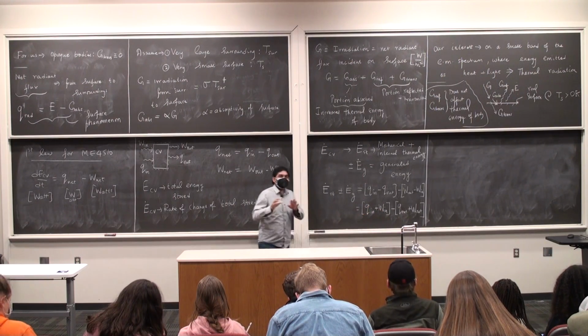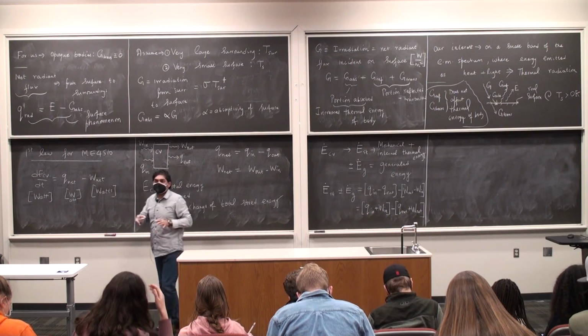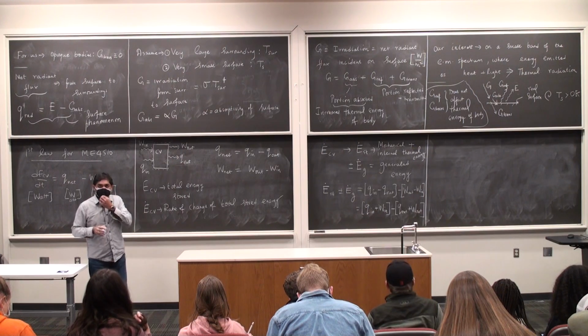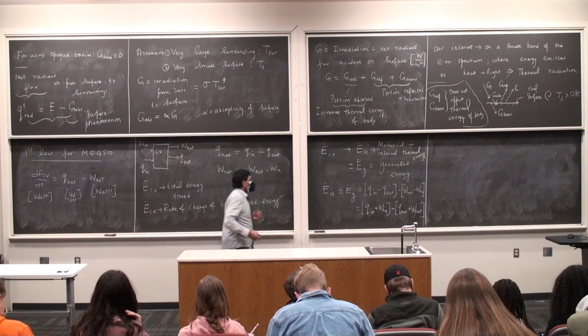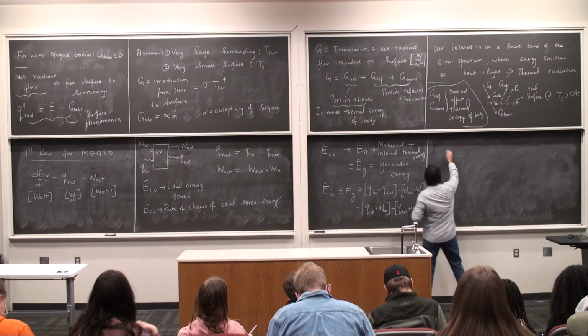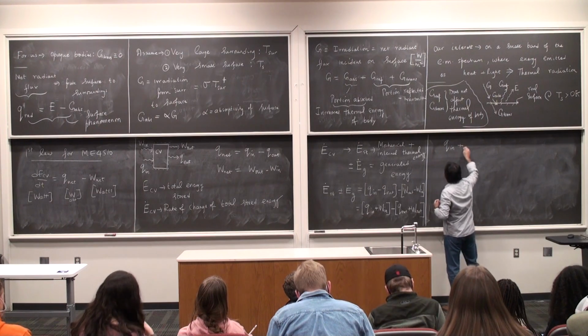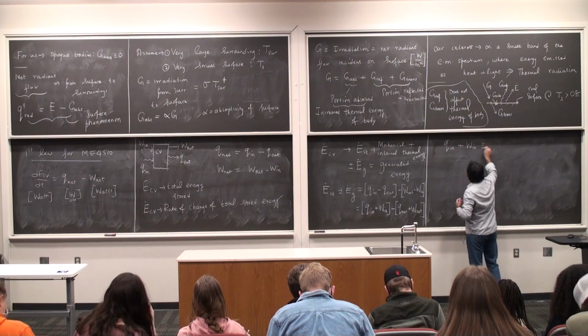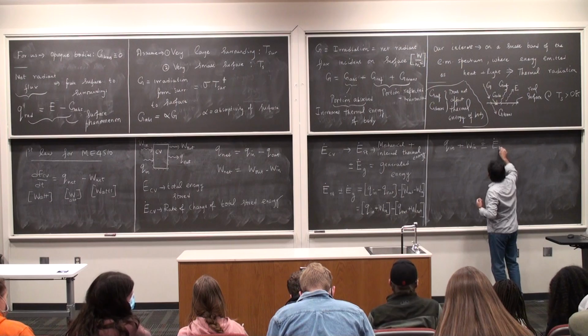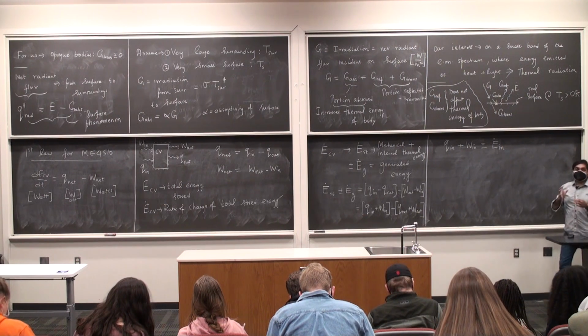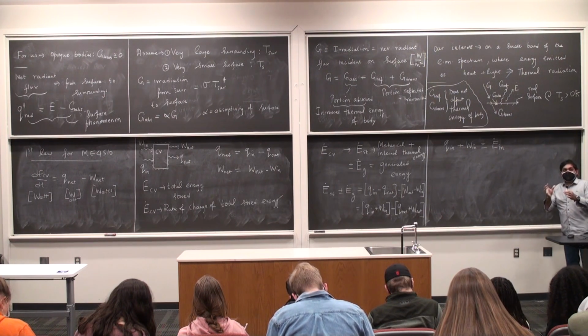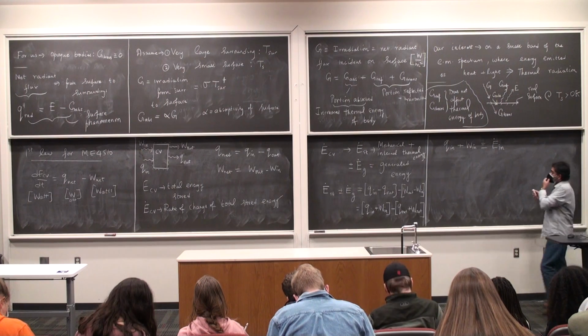All I'm doing is taking these equations and rearranging the furniture in the room. That's all I'm doing. Okay? And now I'm going to call Q in plus W in as E dot in, which is the net rate of change of input energy.